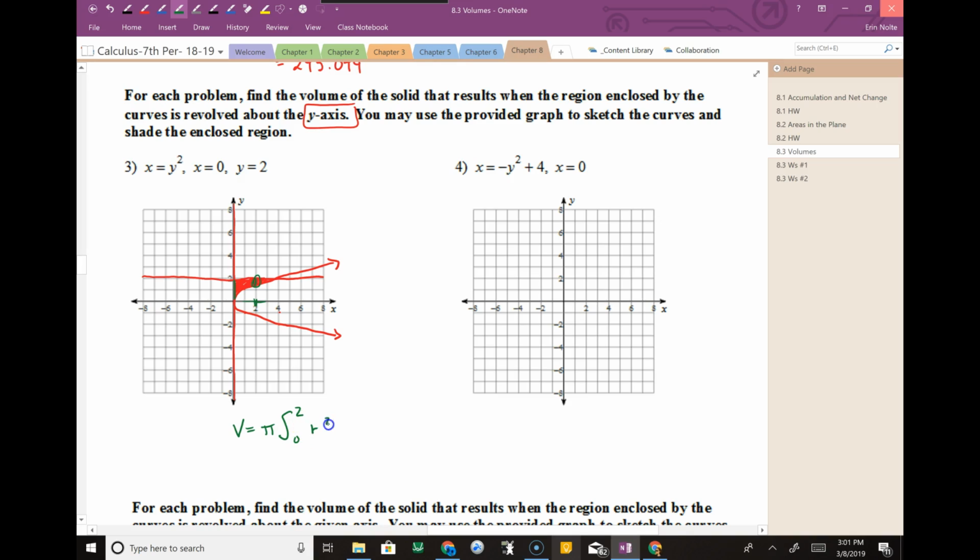Okay, so r squared. Now let's think about the r for a second. Since we're revolving around this way, my r would be this length from my y-axis to the curve, which is my equation. So what is my r going to be? y dy. Yes, and I just did say that.